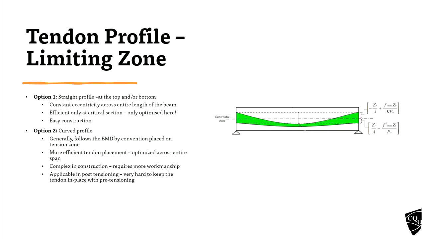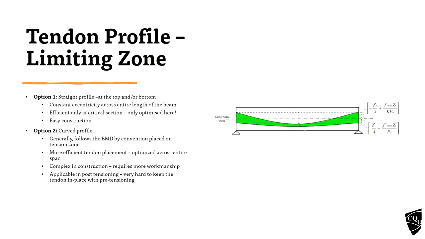Otherwise you need to provide a parabolic shape. So in this case you can't provide straight tendons because straight tendons will not work. If you draw a horizontal line, it will not go through the whole zone. So in this case we will go with a parabolic shape.